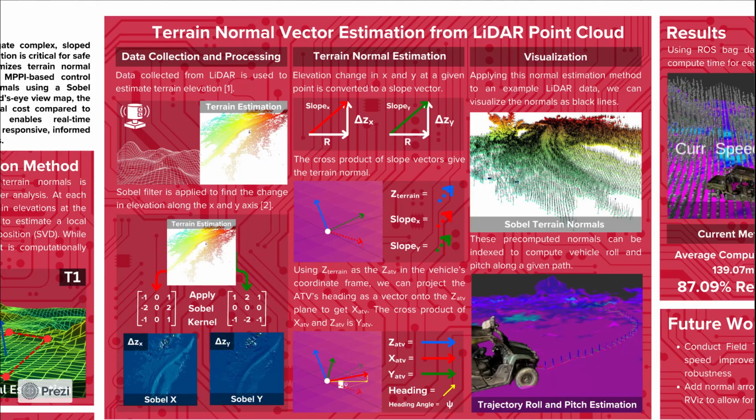Once you get the X and Y gradient from the Sobel filter, you can convert them into a slope X and a slope Y vector. By taking the cross product of these two vectors, you can get the surface normal for the terrain at that point. By calculating this normal vector for the entire elevation map, you are able to get a normal vector field, which can then be used to compute the vehicle's roll and pitch angle at a given point along any specified trajectory.